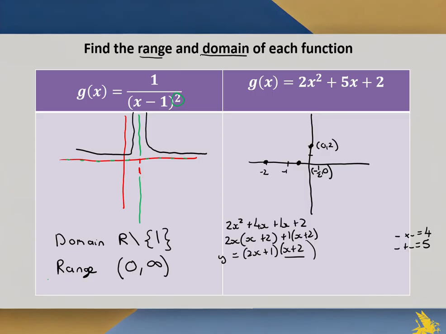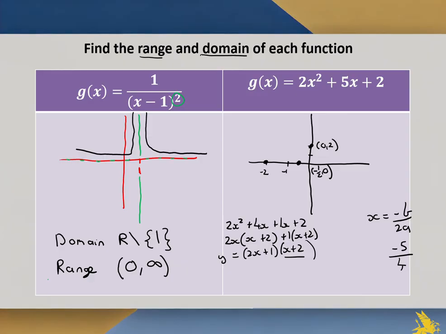Now, to find the turning point, we are going to use part of the formula on the quadratics. So that means to find the x point, it's just this part here on the quadratics formula, negative b over 2a. So my b value is 5, so it'll be negative 5 over 2 times 2 is 4.